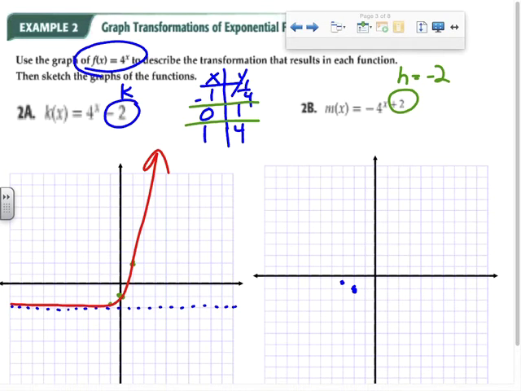Finally, the (1, 4) would be at (1, -4) here. But again, because of my h value, I'm going to take that point and move it 2 spaces to the left. And now it'll be here.